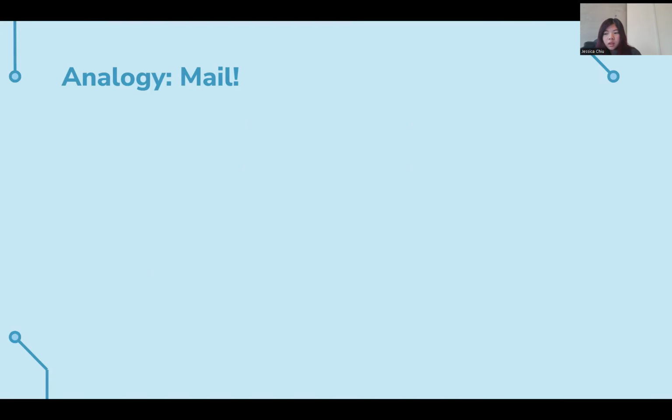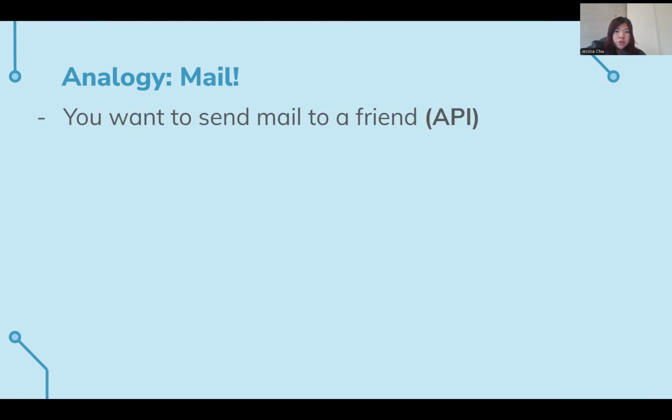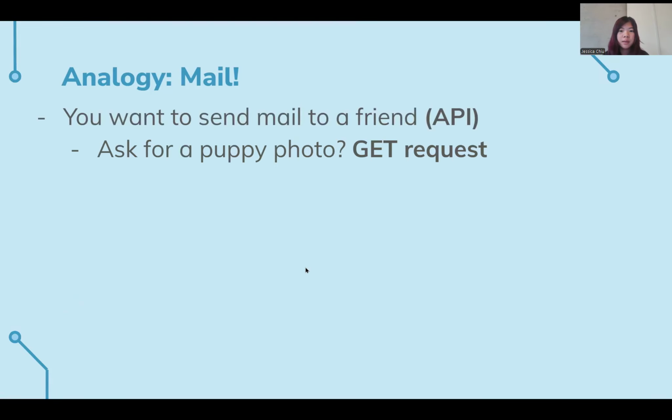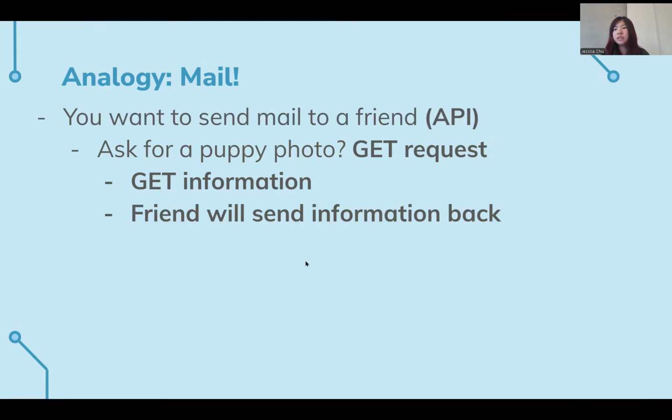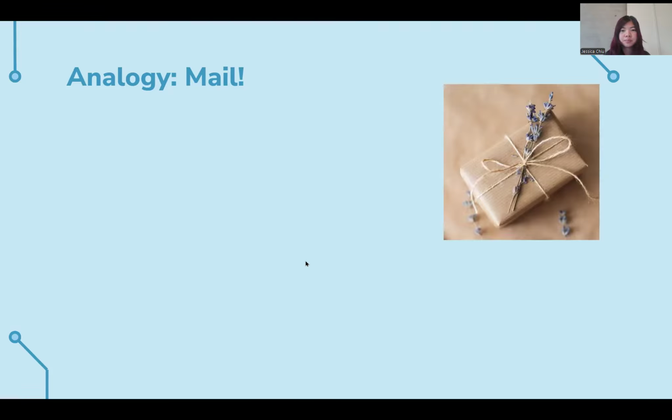This is similar to an API. Your friend is the API you're getting the information from, and you're asking for a puppy photo, which is similar to what we call a GET request, because you're getting information from your friend, or in API terms, the API, and the friend or the API will send that information back.